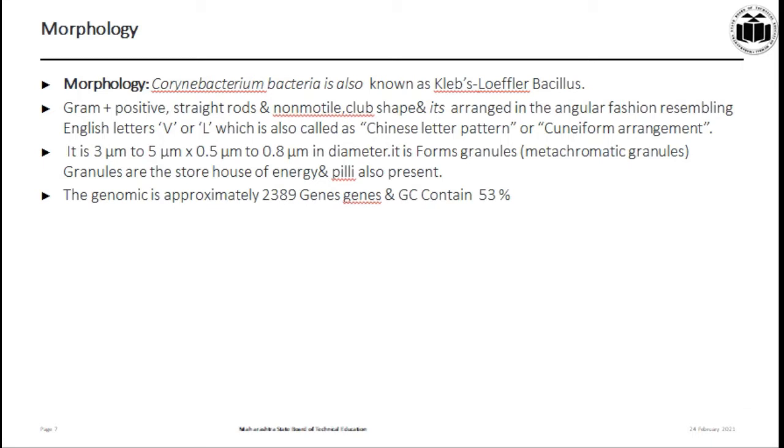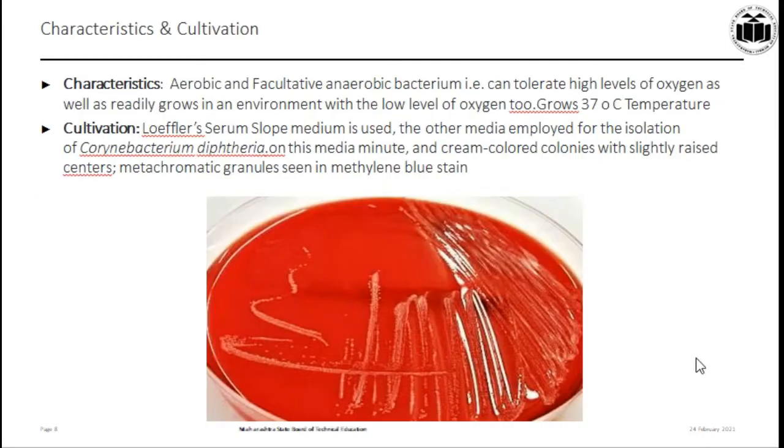After morphology, we are going to discuss the cultural characteristics of Corynebacteria. When we look at the cultural characteristics, they can tolerate a high level of oxygen, but they are aerobic and facultative anaerobic.